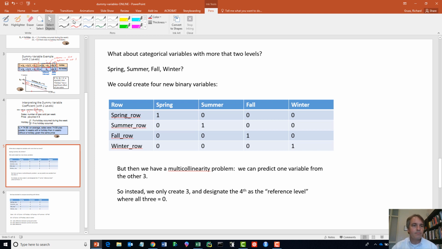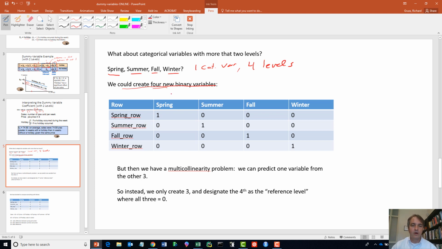So let's say we're interested in spring, summer, fall, and winter. Okay, so this is actually one categorical variable with 4 levels. Okay, so how do we put this into a regression? Well, this is where we'll start. We'll start by creating 4 new binary variables.